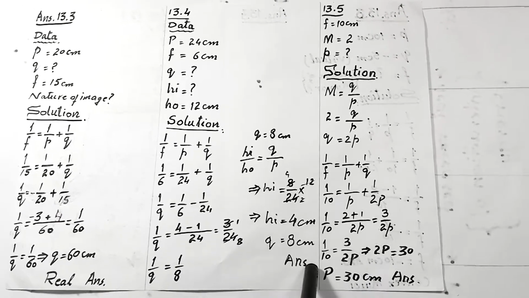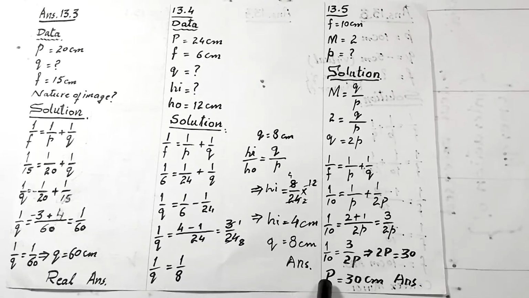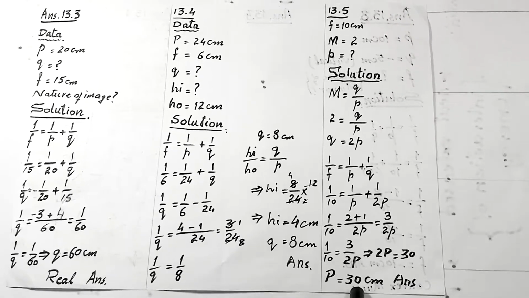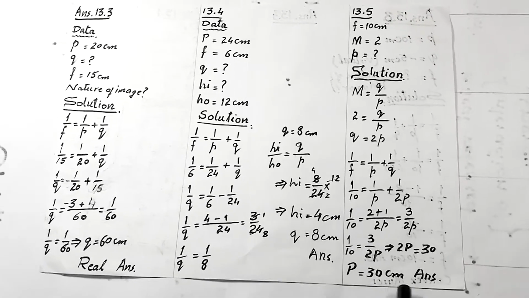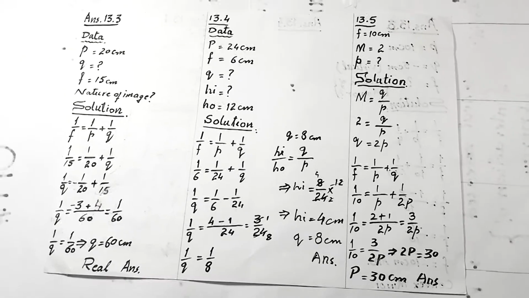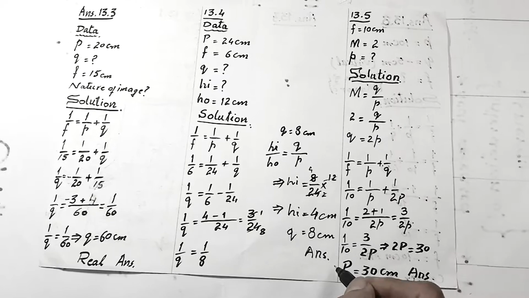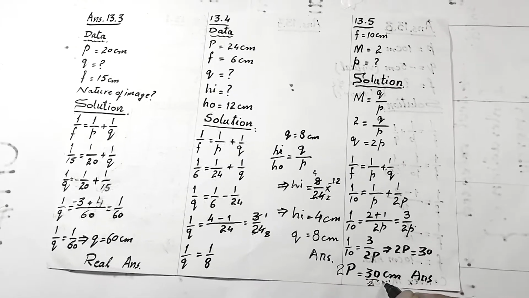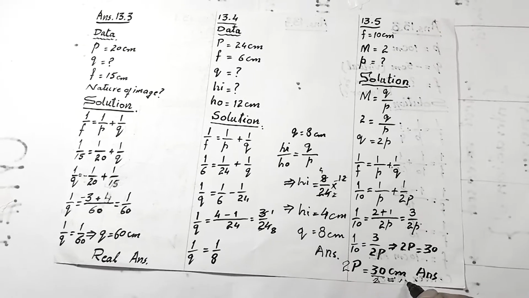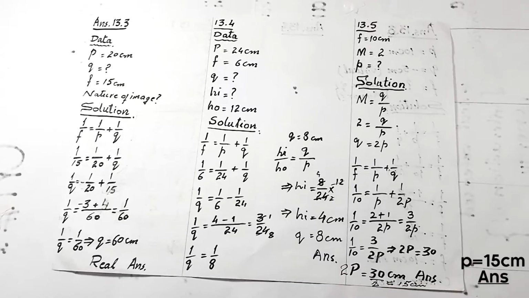By cross multiplication we get 2P is equal to 30. Here dividing 30 by 2, it comes 15 centimeter. So your answer is 15 centimeter.